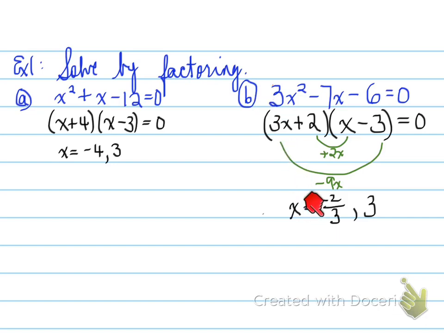So it's negative 2 over 3. X minus 3, what's the opposite of minus 3? Positive 3 divided by 1, which is just 3. So x equals negative 2 over 3 and 3. Okay, moving on.